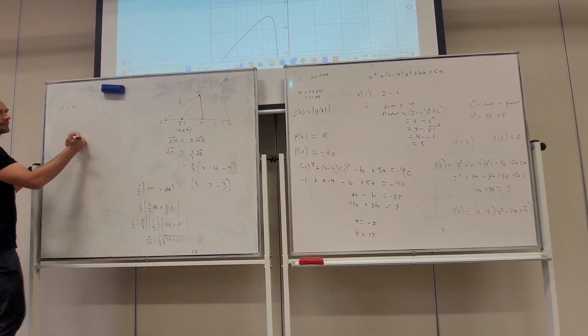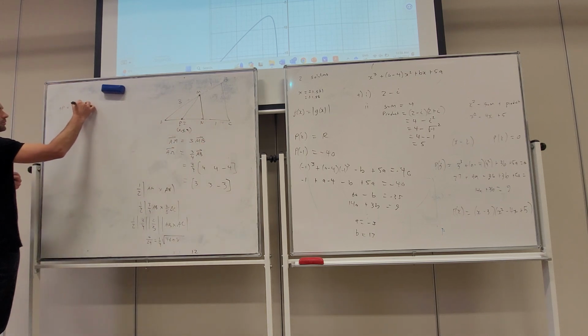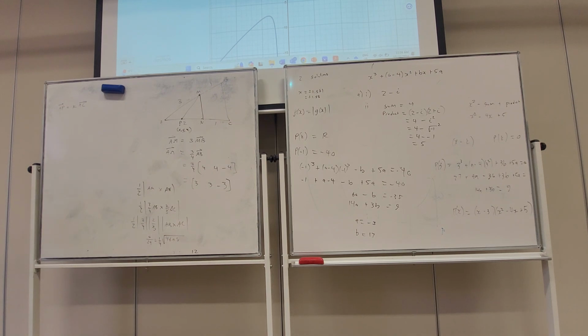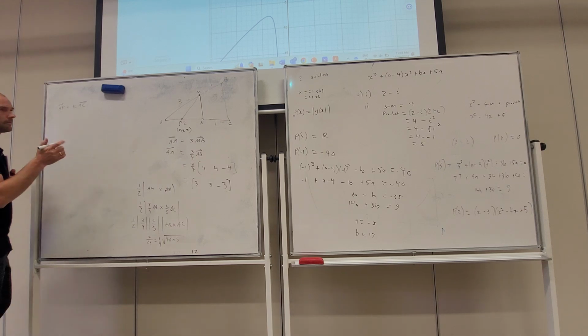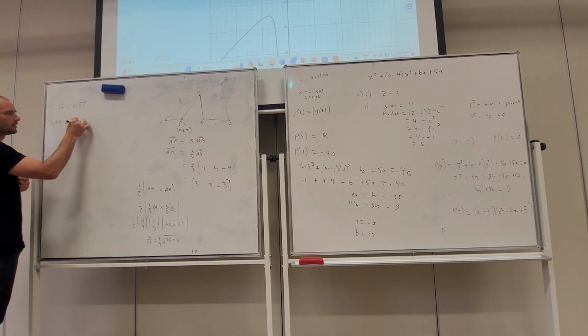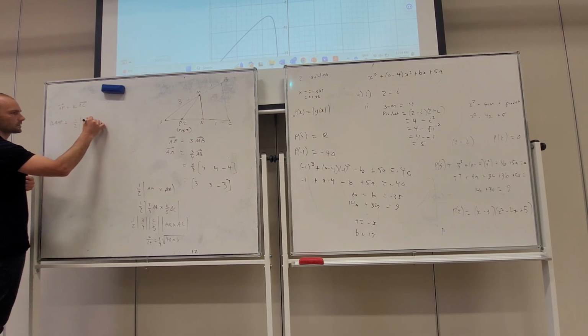Because it exists on the same line, we'll have vector AP equals K times AC. Now, the area of triangle AMP is half the modulus of AM cross AP.